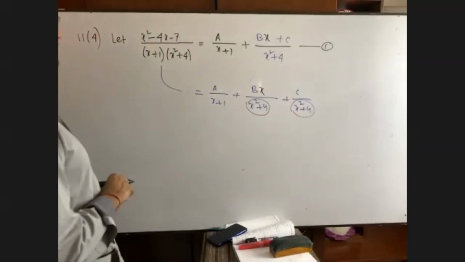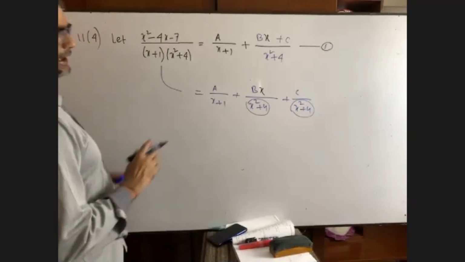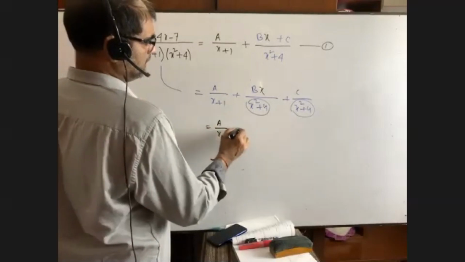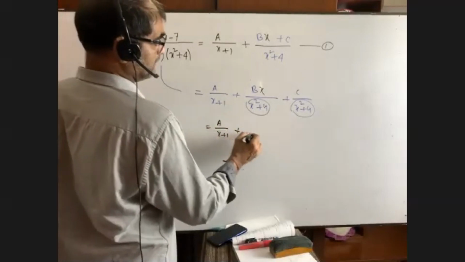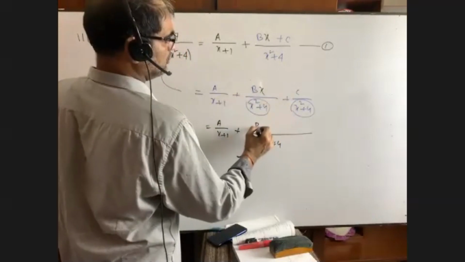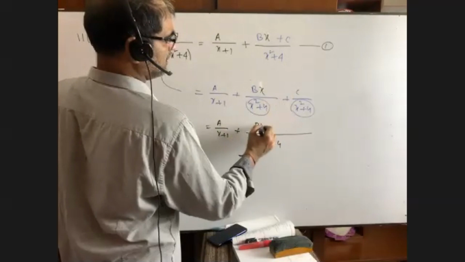Just to differentiate, we take this. Now a by x plus 1, taking the LCM x squared plus 4, we get in the numerator bx plus c.